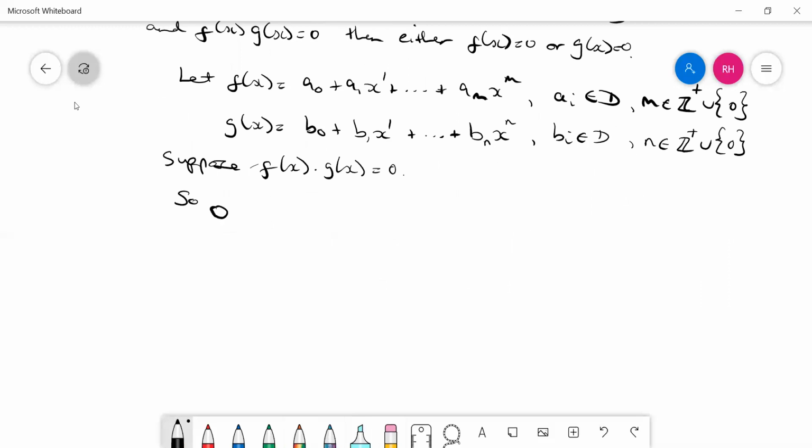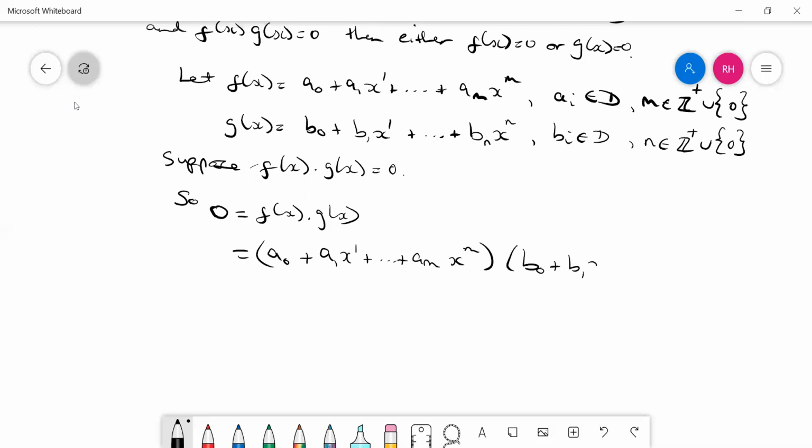So what I'm saying is 0 equals f(x) times g(x) equals a0 plus a1 x to the power 1 plus ... am x to the m times b0 plus b1 x to the 1 and so on. So this equals a0 b0 plus other terms. Okay. Now let's have a think about this.